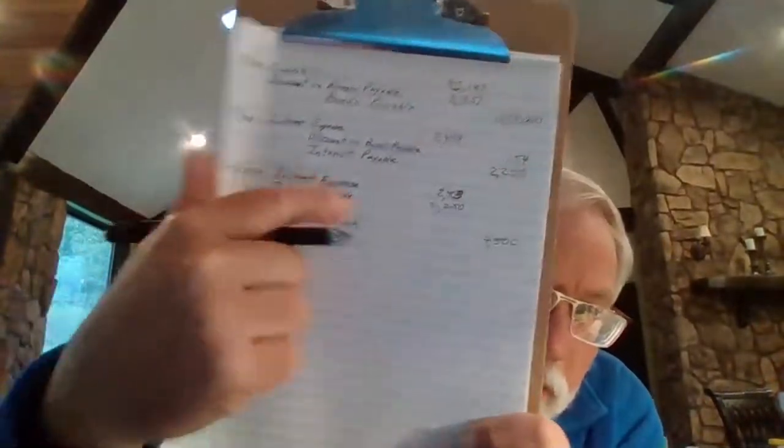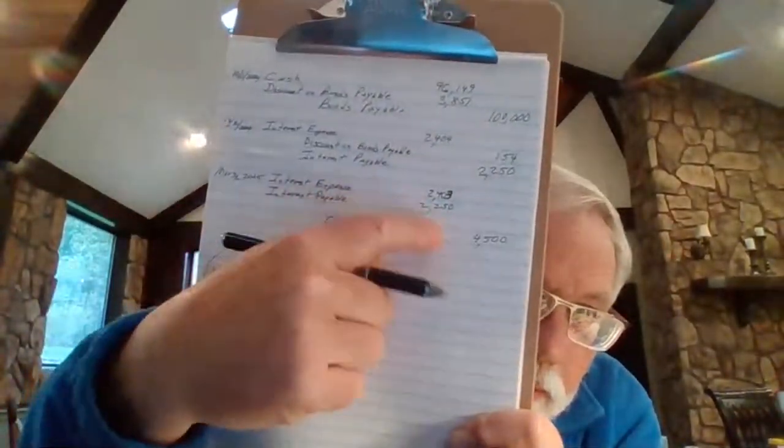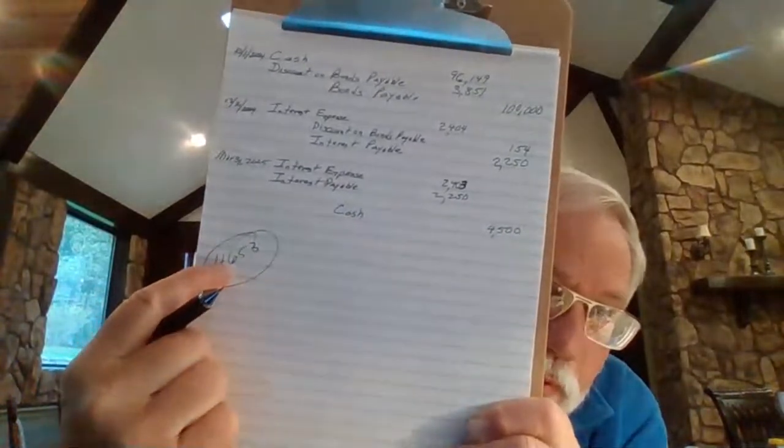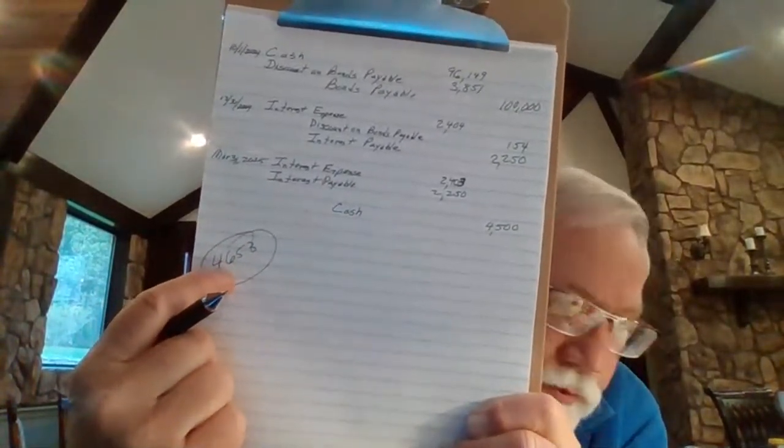So let's see what we have here now. 2403 plus 2250. That equals, I'm just going to write it down here, 4653. The difference, the missing link here, is the difference between the $4,500 and this 4653, which is $153.